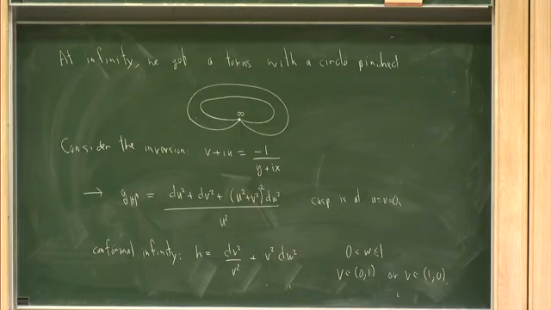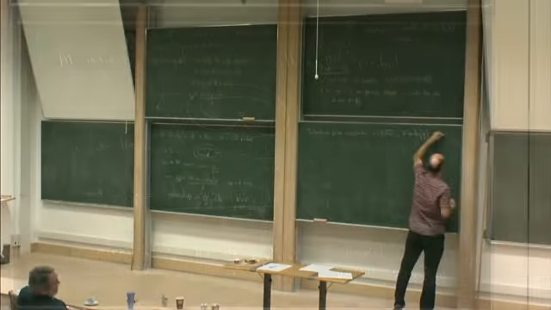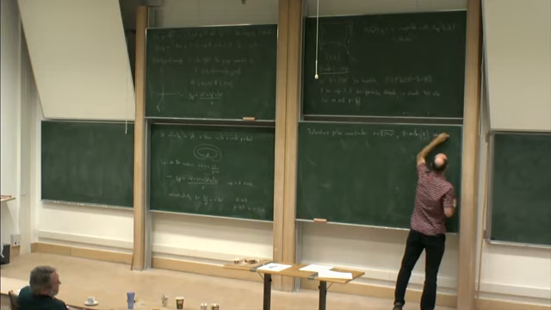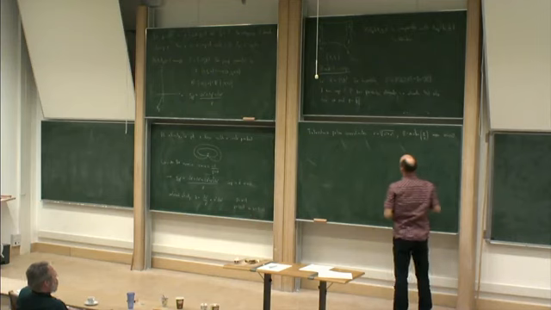R is equal to the square root of u squared plus v squared, and the angle is equal to v over u, near u equals zero.